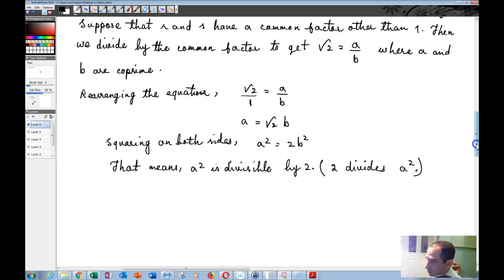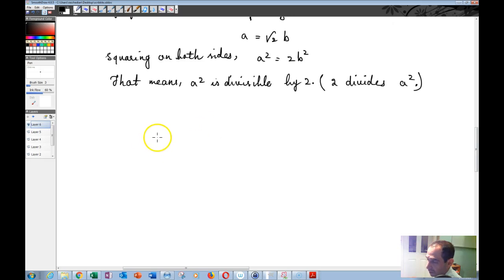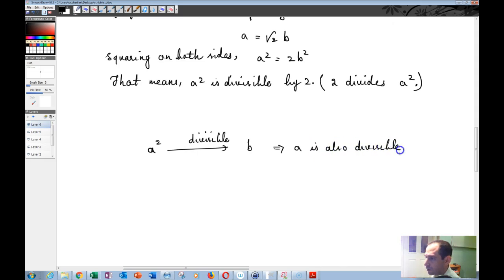And the theorem is basically if you have some number, for example a squared, and it is divisible by some number b, what that means is that a is also divisible by b, and that actually makes logical sense.